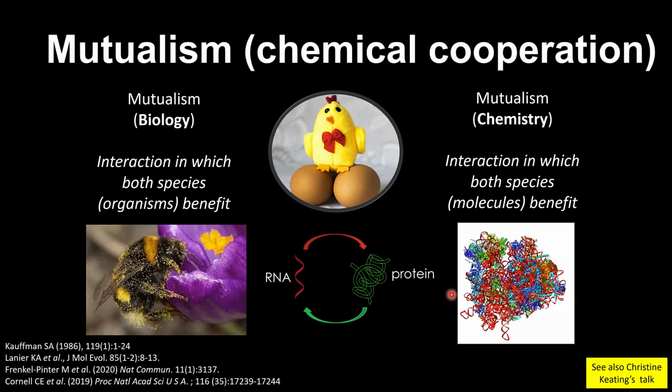And here I'm showing you one example, which is the ribosome, the oldest molecular fossil, which is a machinery made out of RNA and protein. So how far back did these types of mutually beneficial interactions occur?